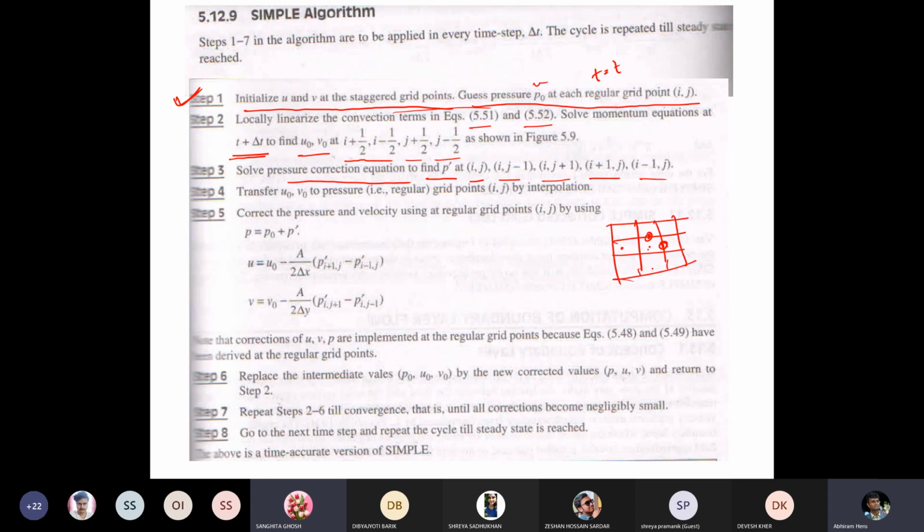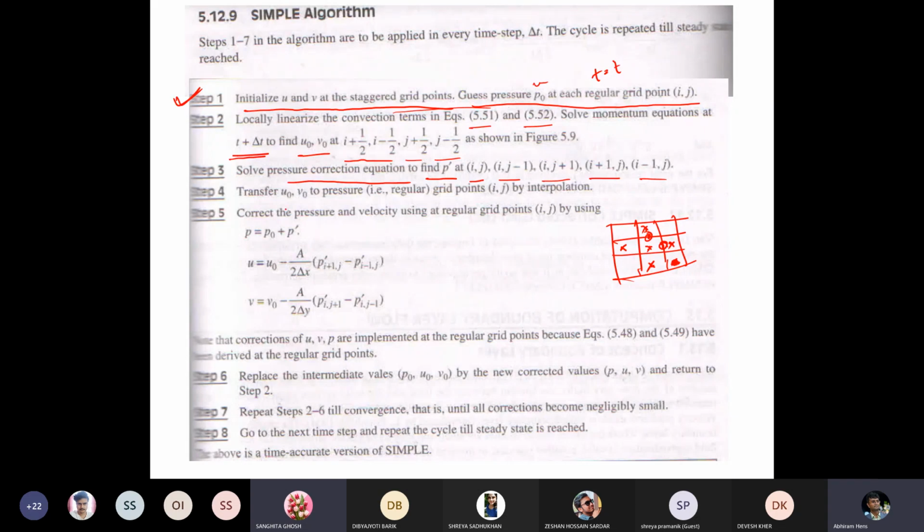If I mark them with a cross, at these cross points you need to find the pressure correction term, not here, but at these surrounding points.